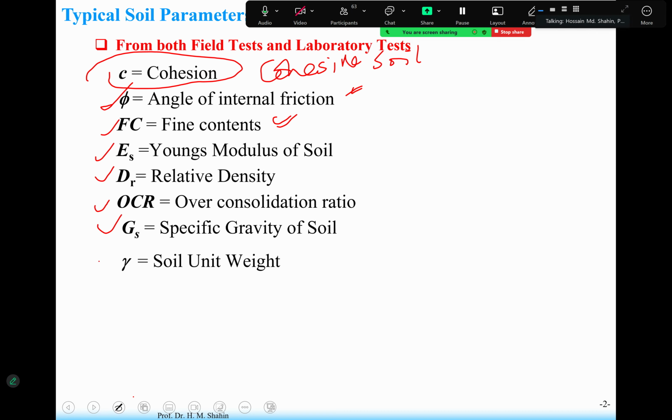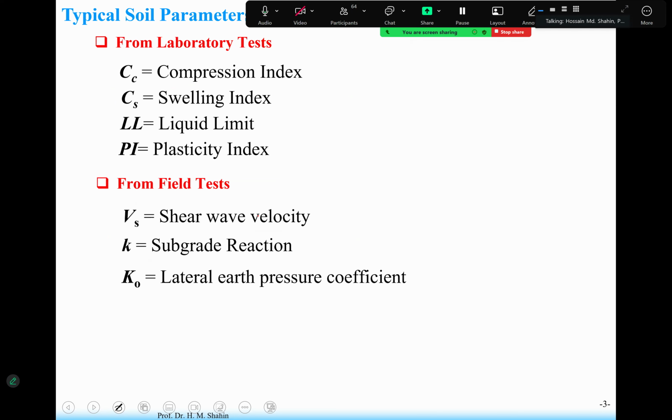These are basic parameters. These basic parameters we always need to determine from the soil test, the field test, and other parameters we have to calculate. Then from the lab test, what do we get? We get the consolidation test: void ratio versus sigma dash on a log scale.